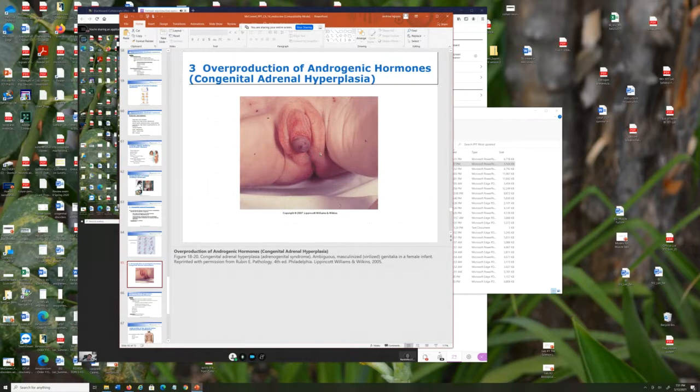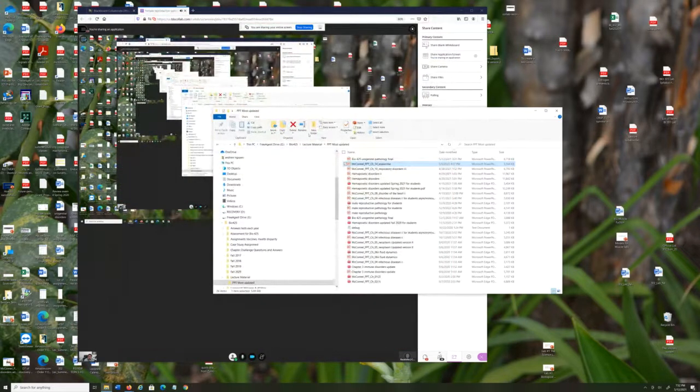But I'll tell you, this is not a male because there are no testes here, so there's no scrotum, but you can still see the labia majora here. So that just shows you how the clitoris is very similar to the glans of the penis, a homologous structure.